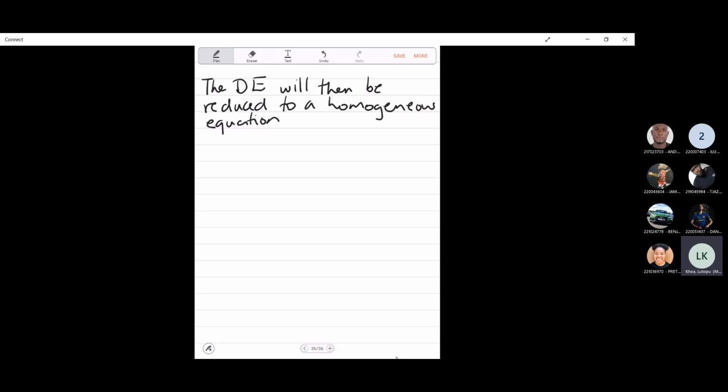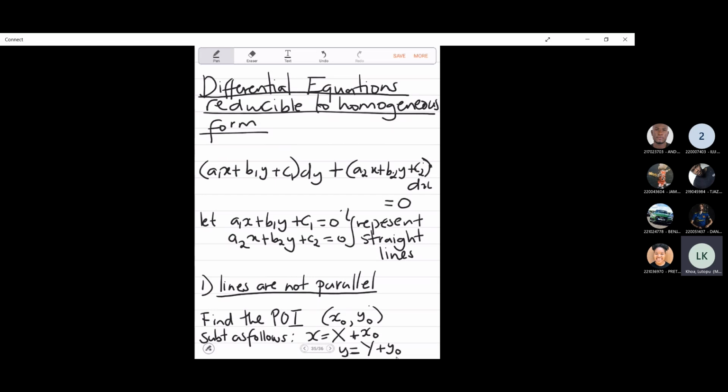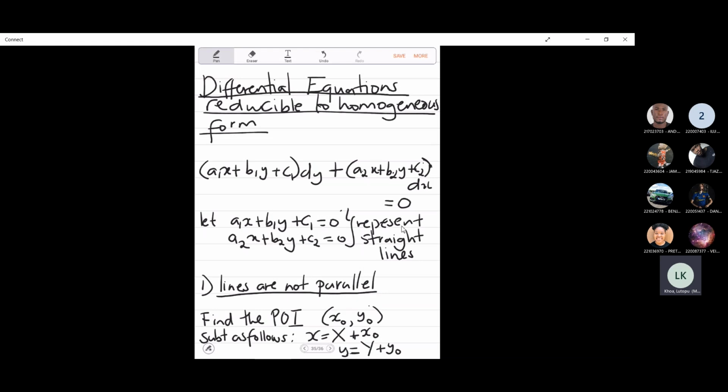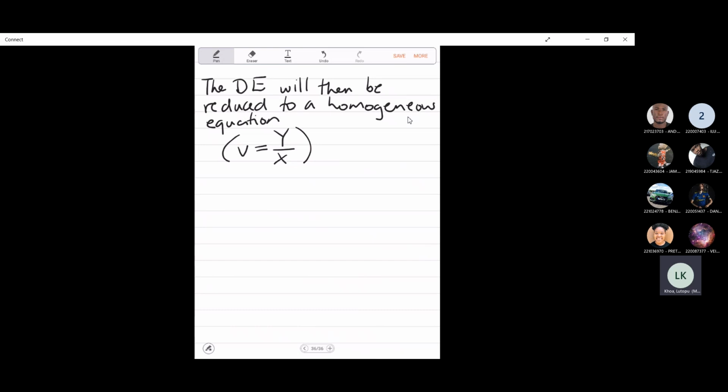So in this case, we'll have v is equal to capital Y over capital X instead of small y over small x. So that is the first case. We look at these two terms and equate them to 0. We have straight lines. The first case is the straight lines are not parallel, so there is a point of intersection. We make this substitution, then we will get a homogeneous equation which we know how to solve.